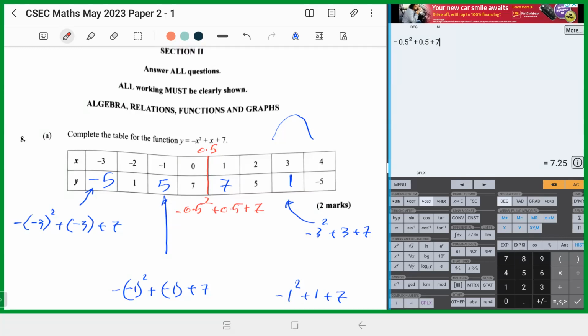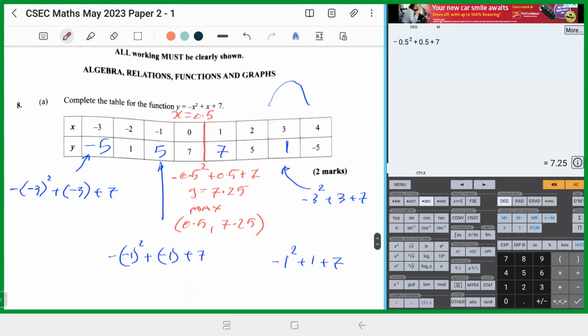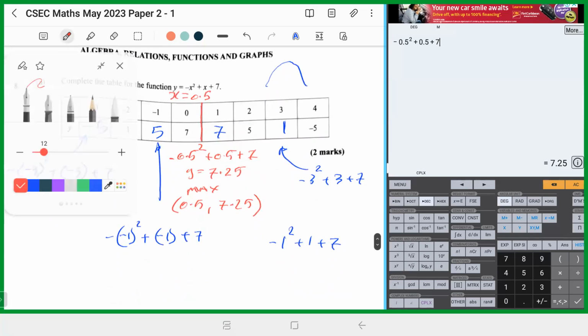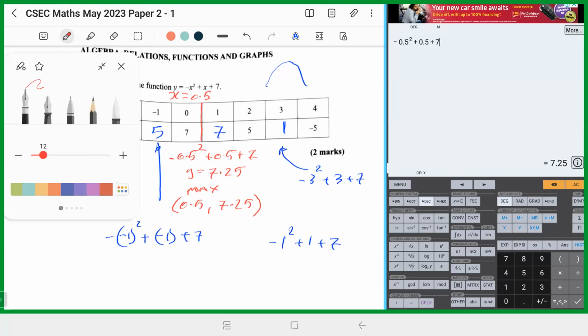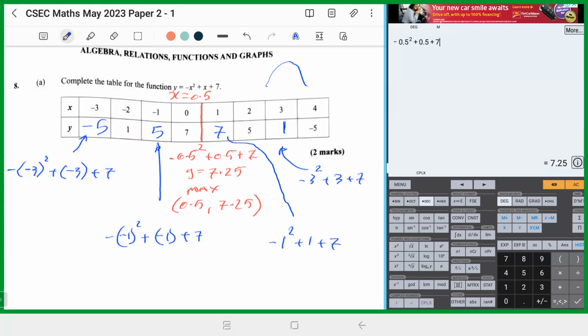So y equals 7.25 when x equals 0.5. So I know my maximum point already. My vertex point is (0.5, 7.25). I don't have to guess, I don't have to estimate, I know for a fact. That's what it is. I'll put back this line to show this calculation here.